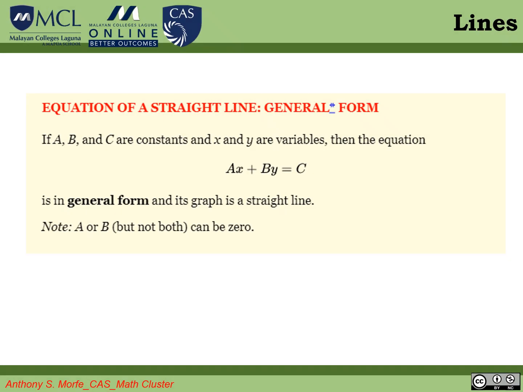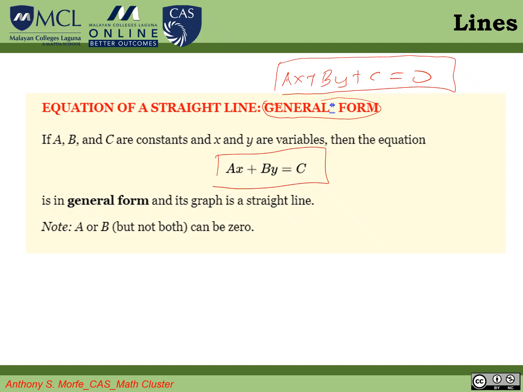Okay, and then we started our discussion with the general form of the line, which I showed you last time, expressed as ax + by + c = 0, right? This is just coming from the general equation of the line.